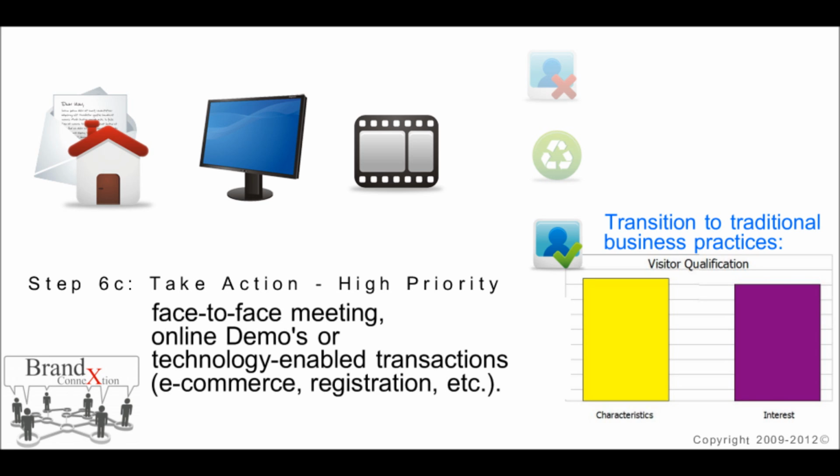So we may transition them into a face-to-face meeting, do an online demo, or whatever. We may actually transition them into an online transaction and have them buy straight away. But because we have identified what they're interested in, what they care about, we can identify that that person is a high priority and needs to have somebody interact with them.